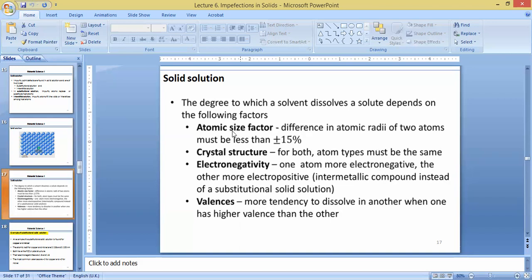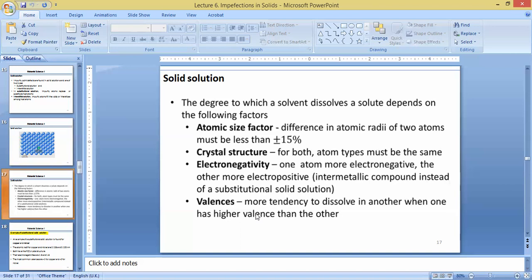Atomic size factor: here we say the difference in the atomic radii of the two atoms must be less than 15%. In terms of valencies also, there is more tendency to dissolve in another when one has a higher valency than the other. Let's come to valencies. We already covered this atom. What valencies do you know for which atom? What's the valency for magnesium?